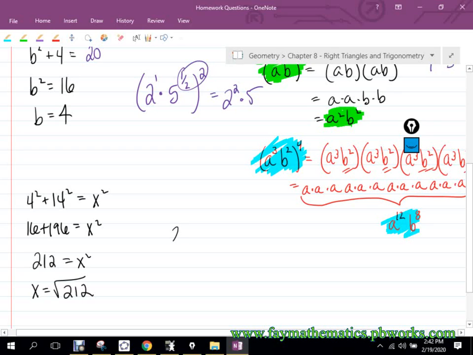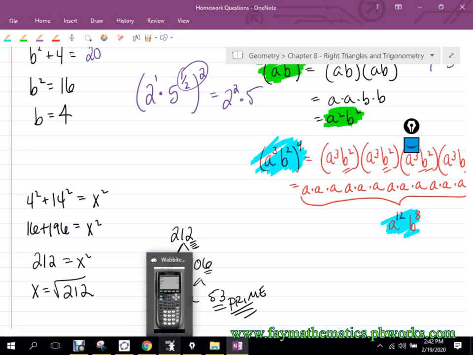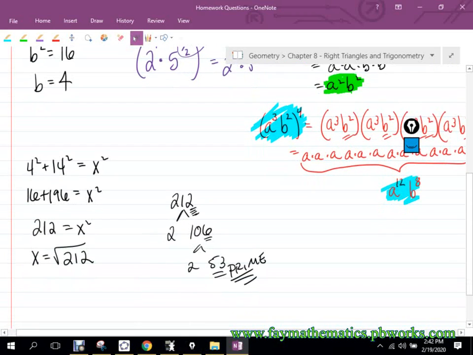Okay? Just thinking about some things that divide 212. What number do you know will divide 212? Even, right? So 2 is kind of your go-to when it's even. It gives you 106. 106 is even. Gives me 53. 53 is a prime number. So if I want to break this radical 212 down, this is it.